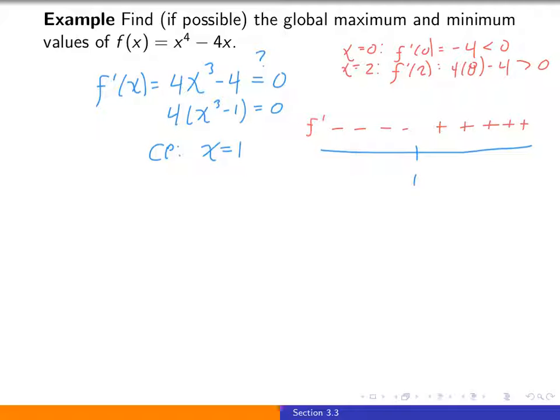So if we think about what our function is going to look like, to the left of 1 it's always decreasing, and to the right of 1 it's always increasing. So decreasing, increasing. We know that x equals 1 is a local minimum by the first derivative test. But we can say even more here. In fact, it has to be a global minimum.